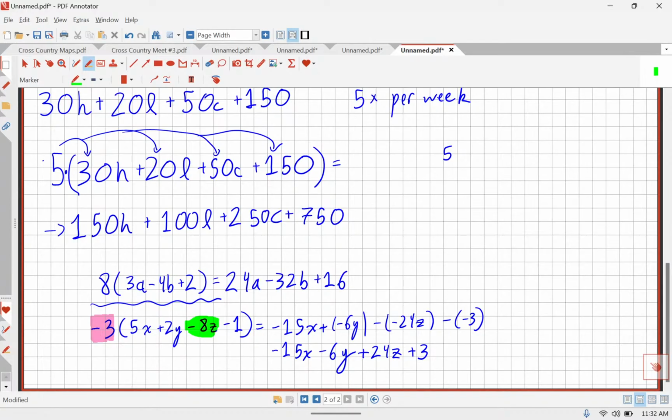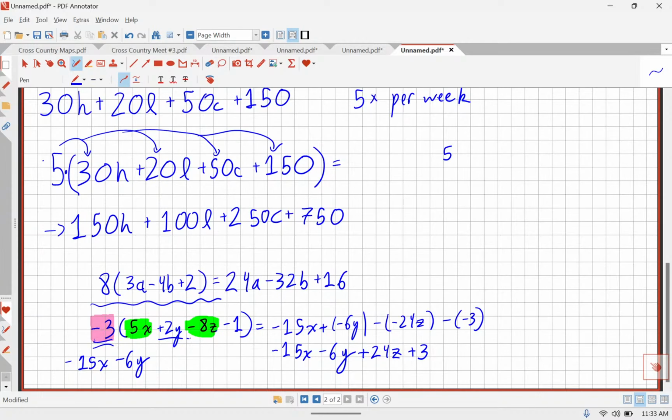If you're adding and subtracting, it's a minus. If you're multiplying, it's a negative. So when I think negative 3 times positive 5, I think negative 15x. When I think negative 3 times positive 2, I think negative 6y. This way I clean it up as I go.